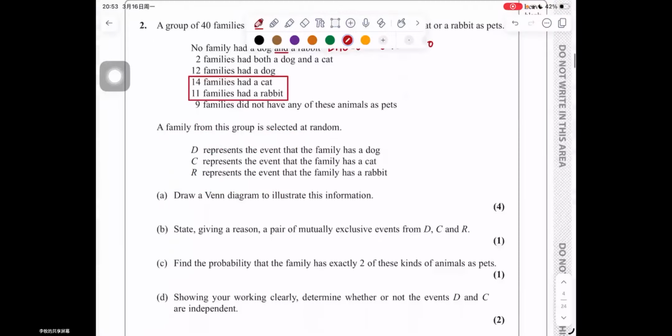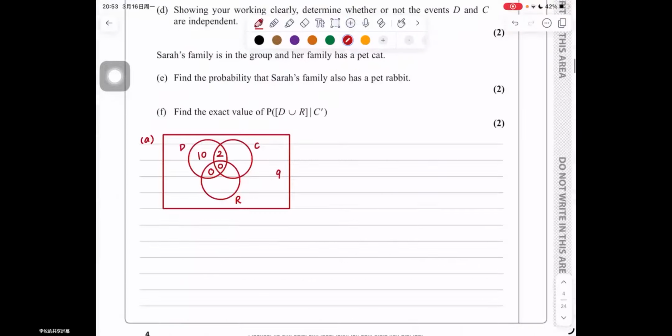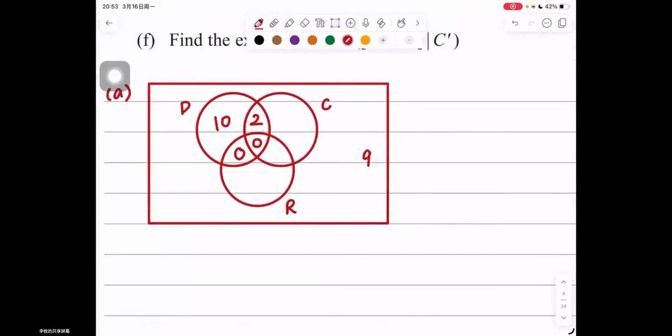All right, now let's figure out how to calculate the rest of the numbers. How to calculate these 3 numbers. A simple way is just to use equations. So we set those numbers to be A, B, and C, and then use the relationships in the question to write down equations and solve them.